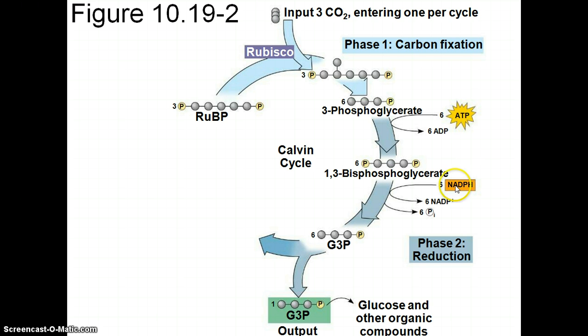So 6 of each of these molecules. At the end of the reduction phase, we end up with our G3P, which can be used. This is a 3-carbon sugar that can be used to build things like glucose or any other organic compounds.